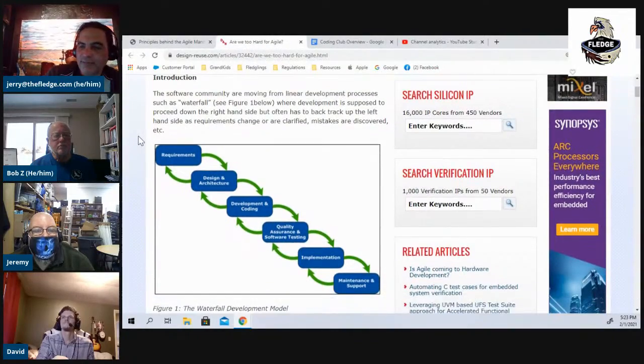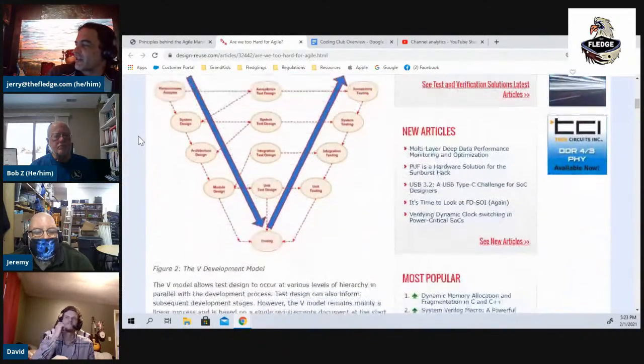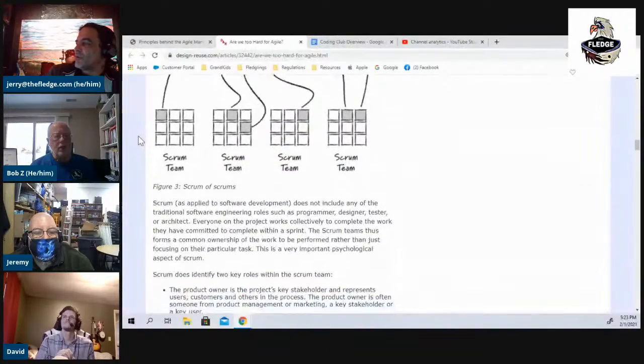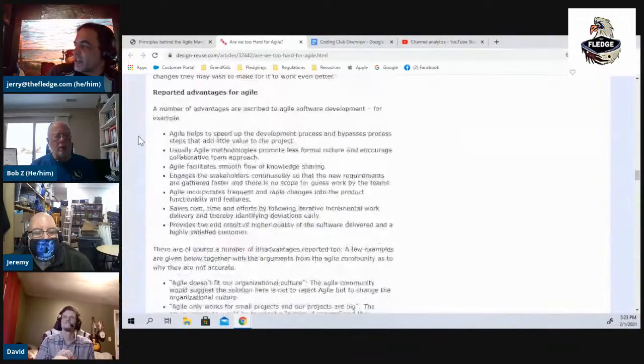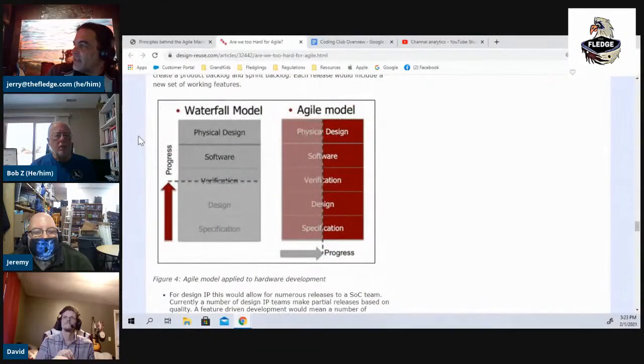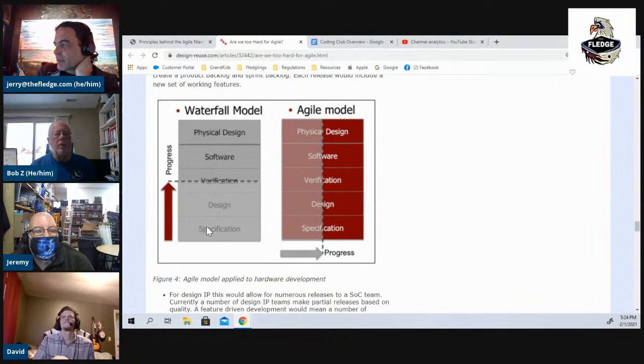I'm going to skip again because I've got a little bit of a time constraint here. I'm going to skip down to a diagram that I really like. Instead of having this waterfall method where you build from specifications to design to verify to the software itself to the physical design, don't do that up and down. Do that sideways.